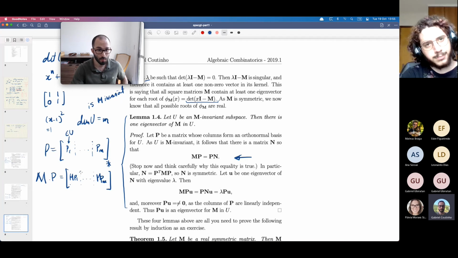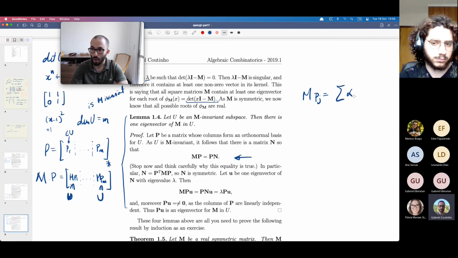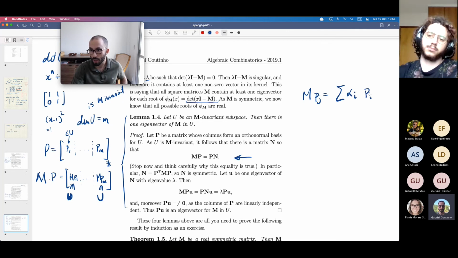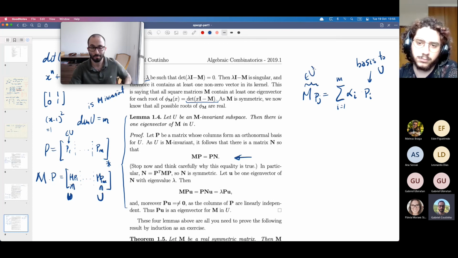These columns belong to U, so all of these columns belong to U. If they belong to U, they can be written as a linear combination of a basis for the subspace U. So MPj is equal to the sum of alpha ij times Pi, i from 1 to m, because these guys are a basis to U, and this thing here belongs to U. Now, it is not difficult for you to realize that rewriting each one of these columns as a linear combination is the same thing.